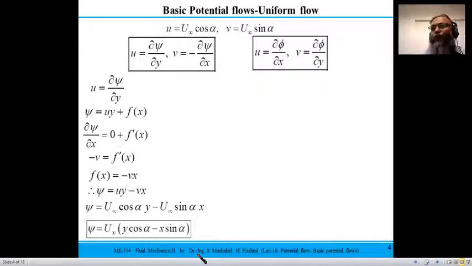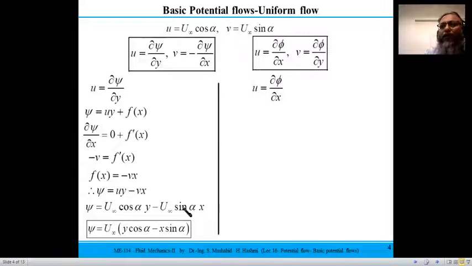The next step is to work out the corresponding velocity potential function. As I know the velocity components, I have to work out the velocity potential function phi. Following the same procedure, I integrate to get some function of x. Since I am integrating with respect to x here, the constant would be some function of y. Next, in a similar manner, differentiate phi with respect to y.